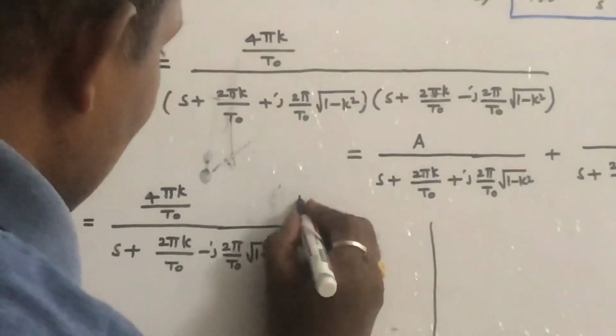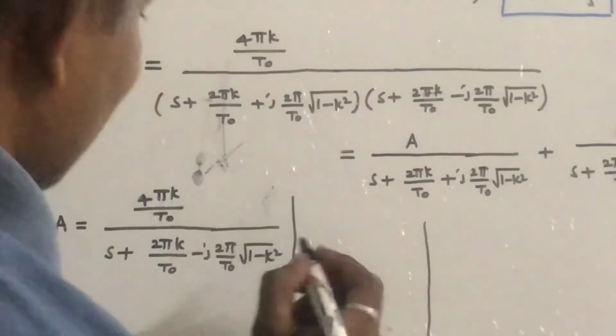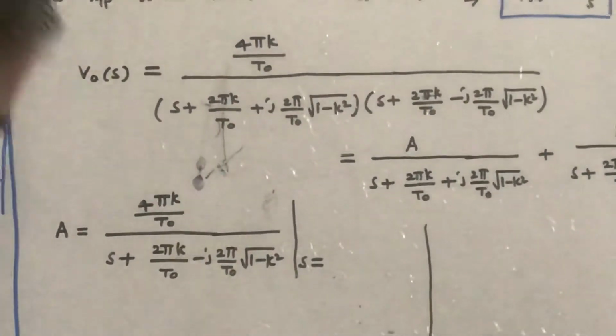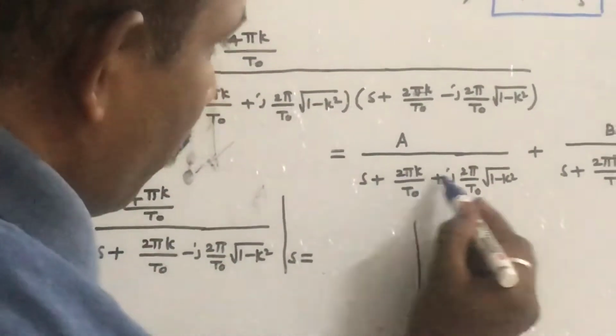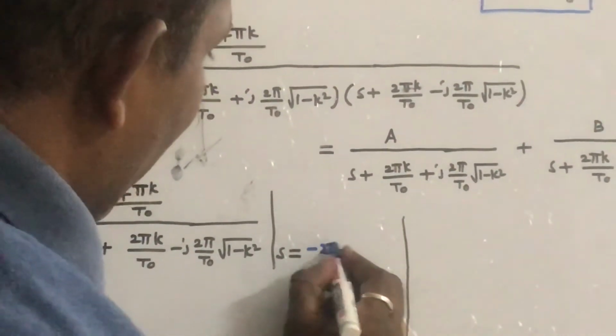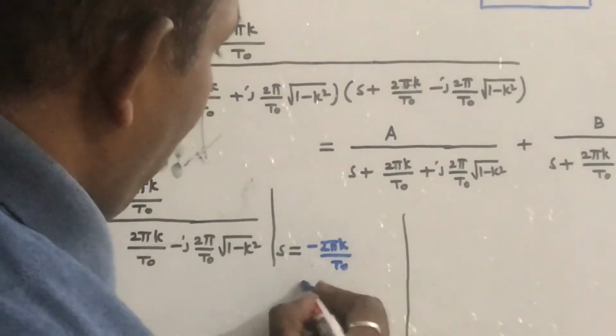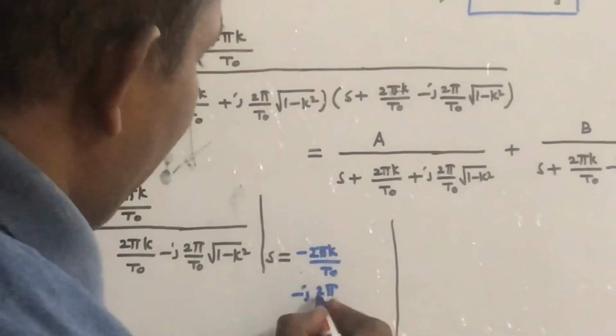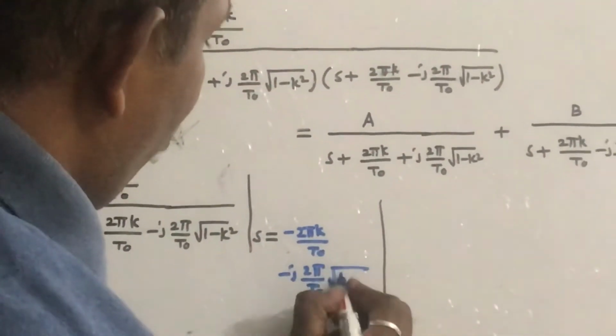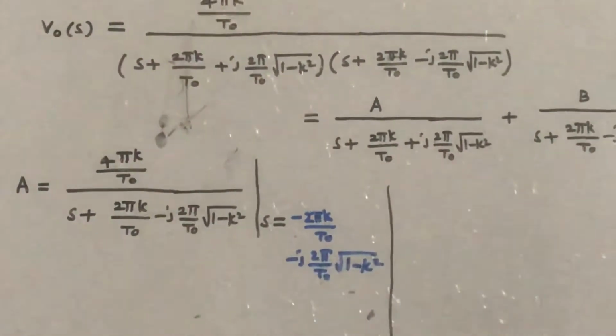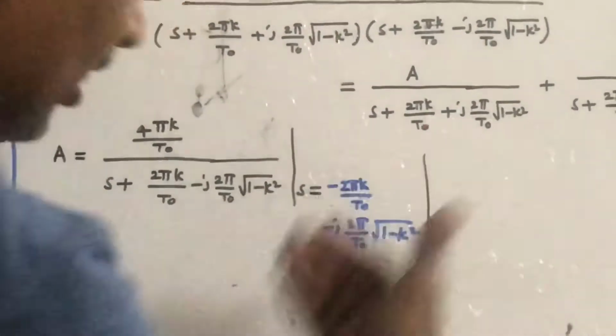In this equation substitute S equal to minus 2 pi k by t naught minus j 2 pi by t naught into square root of 1 minus k square. These are the fundamental concepts of the partial fraction method.